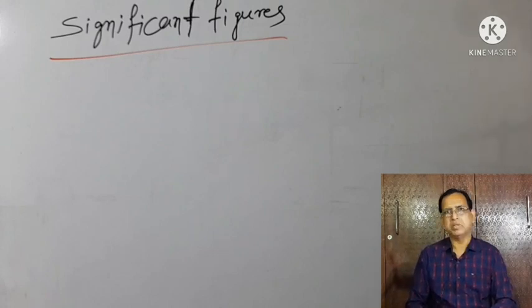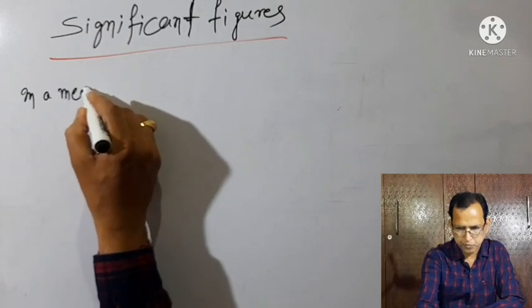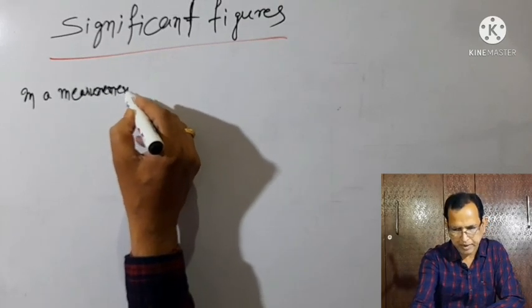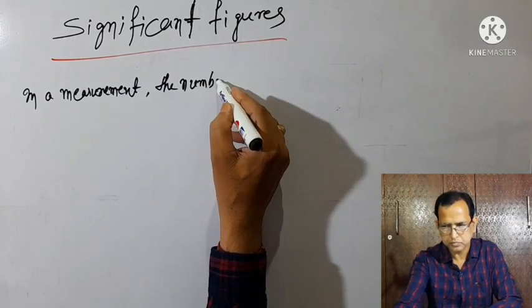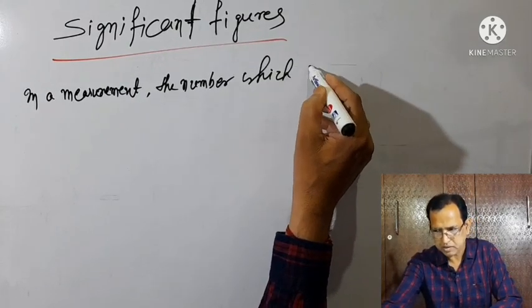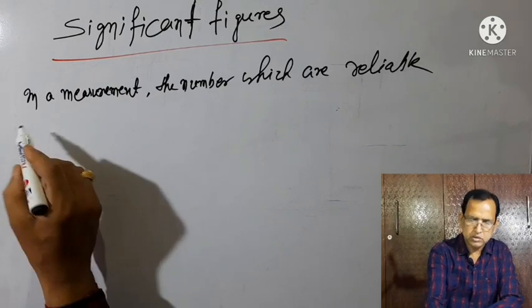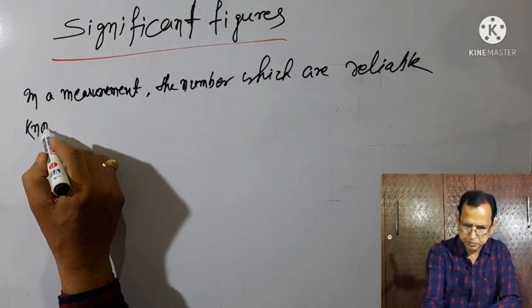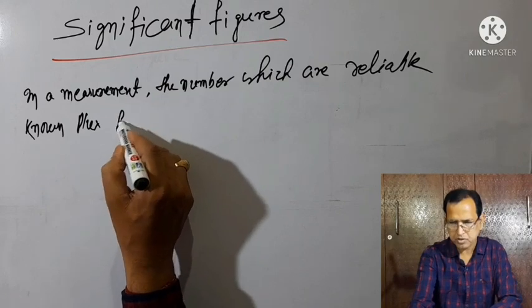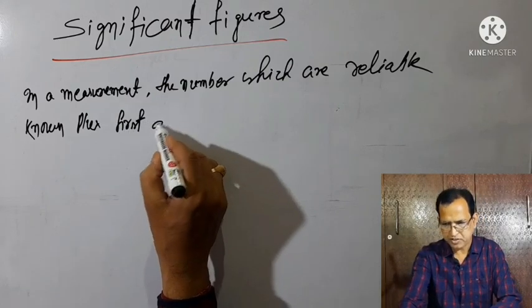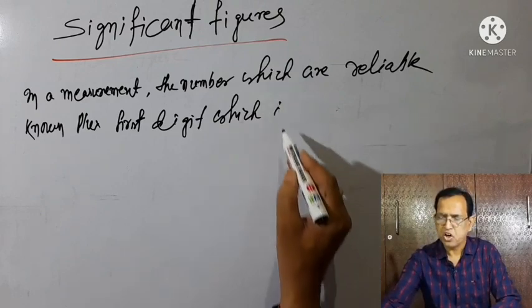What is the definition of significant figure? In a measurement, the numbers which are reliable, known, plus the first digit which is uncertain.